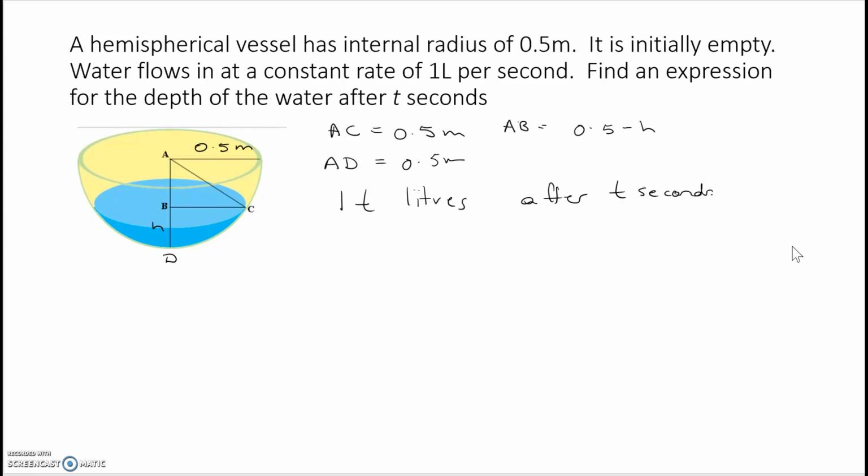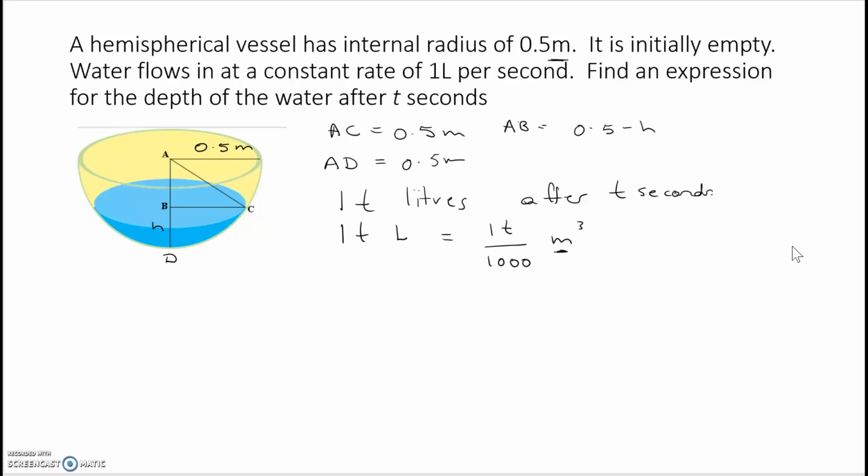Now we need to convert this from litres to cubic metres. So 1 T litres is going to equal 1 T over 1,000 cubic meters, just so that we match up the units.